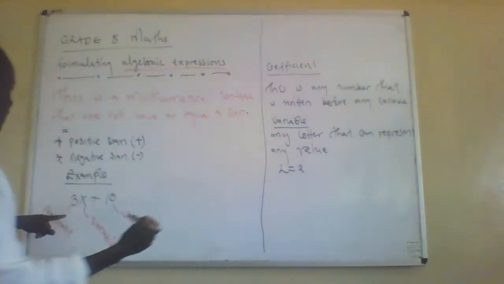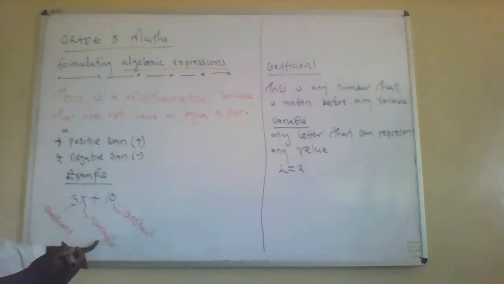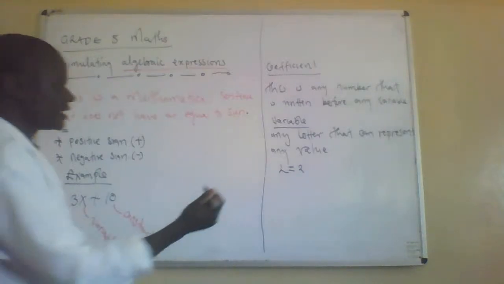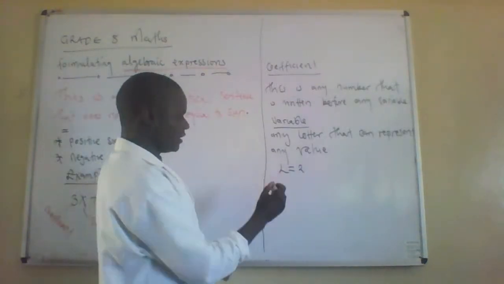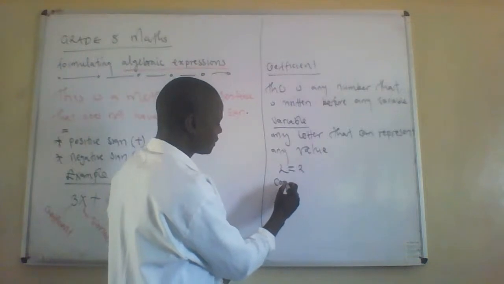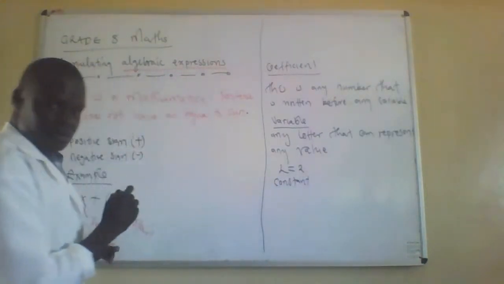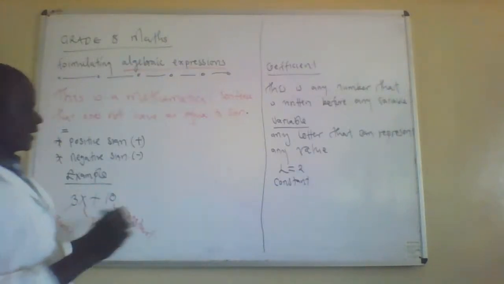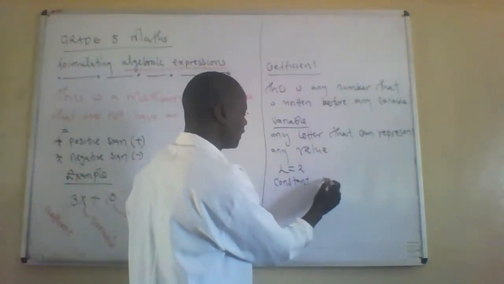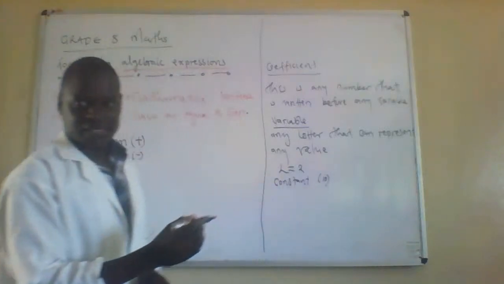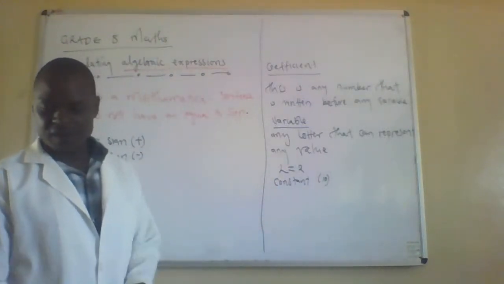Then we've looked at what a coefficient is. We also looked at what a variable is. Now let us understand what a constant is. In our case, the constant, if you can see here, is 10. So how can we define a constant?